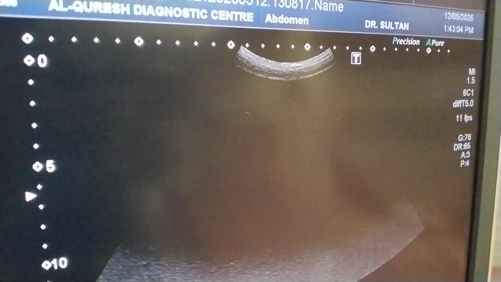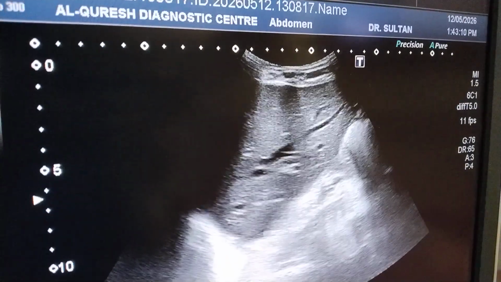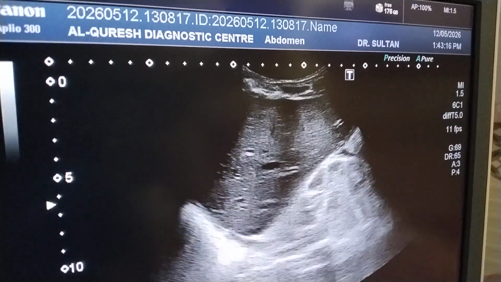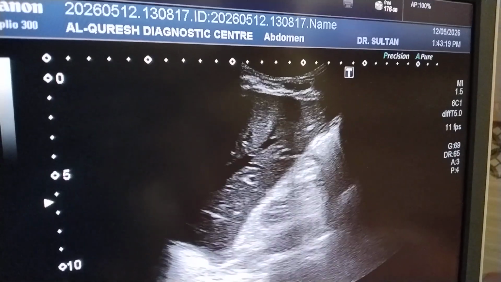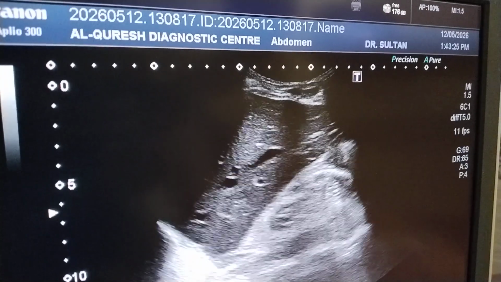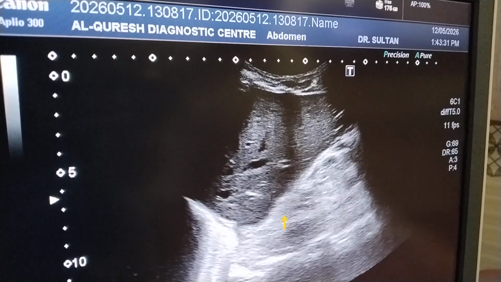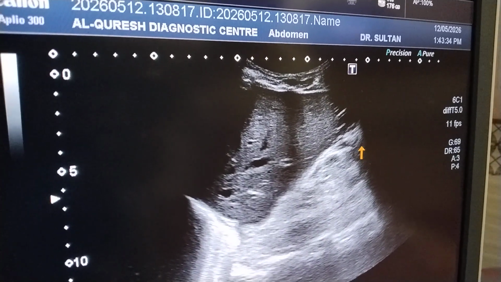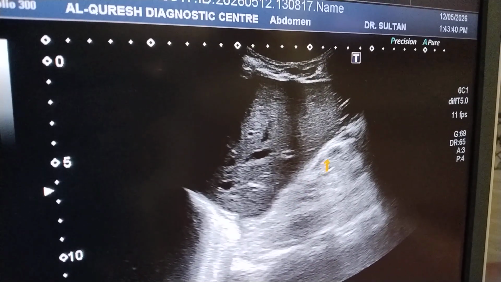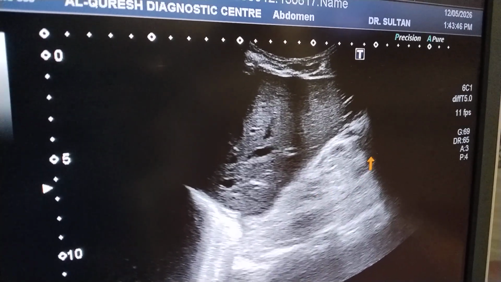Any other problem, as the patient is 40 years of age with history of dyspnea for the last 2-3 years. And here we can appreciate this is the right kidney, which obviously we can say that it is small in size, and we appreciate this echogenic line all around the kidney.